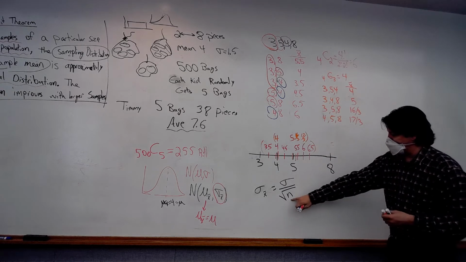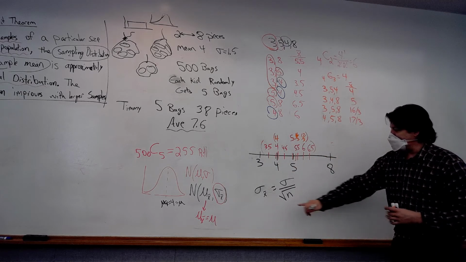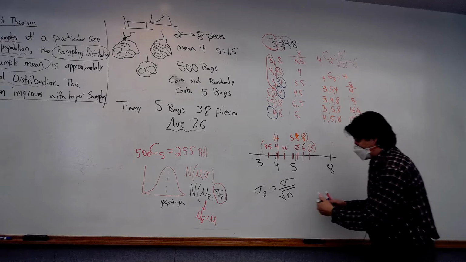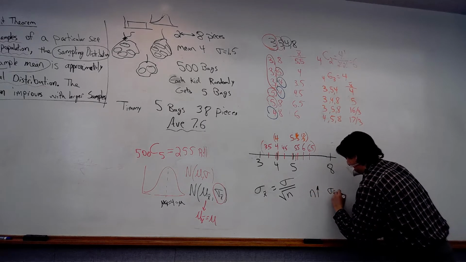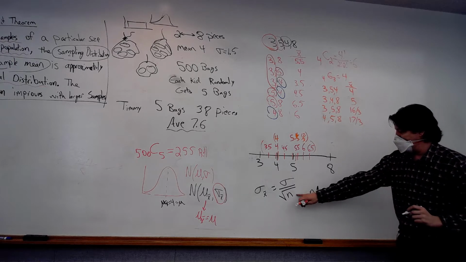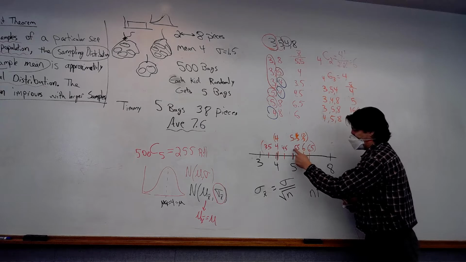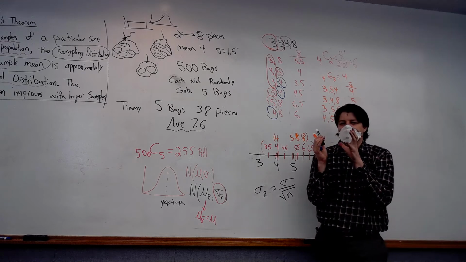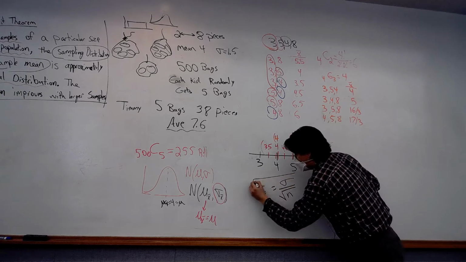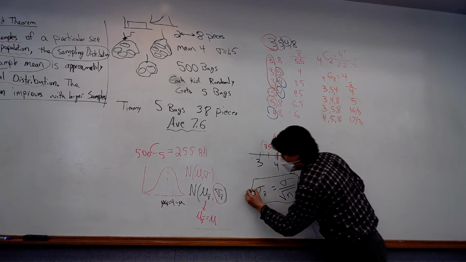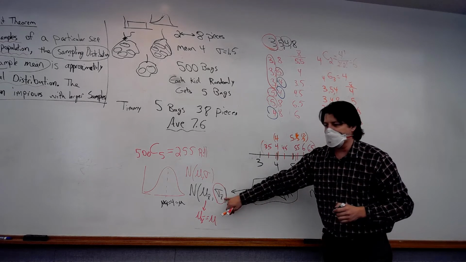In the first case, we had a sample size of 2, which was this red distribution. As we went to 3, it's a larger n here. So as n goes up, the standard deviation of the sample means goes down. So this went to 3, and we jumped up to a tighter distribution in the orange here. This relationship is how we know the standard deviation of our distribution of sample means.